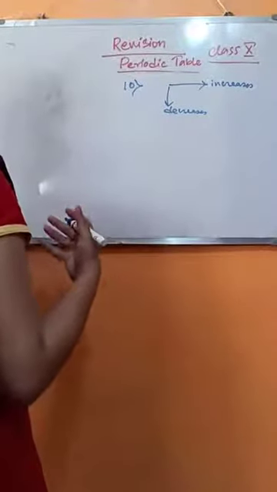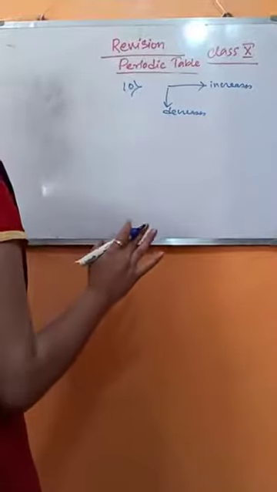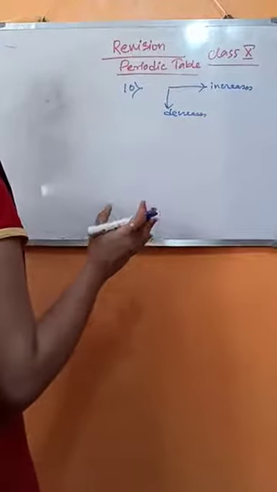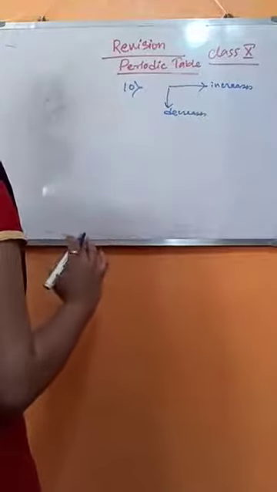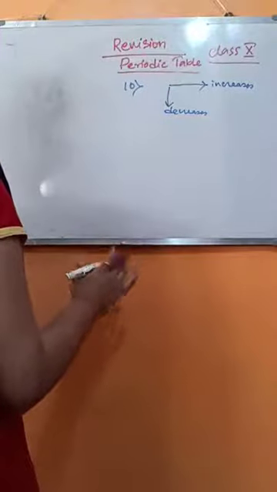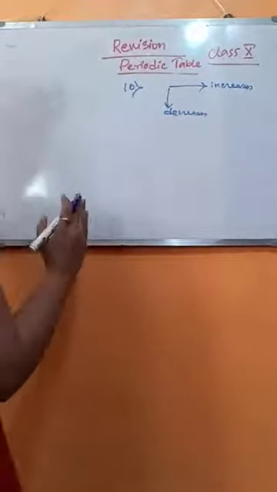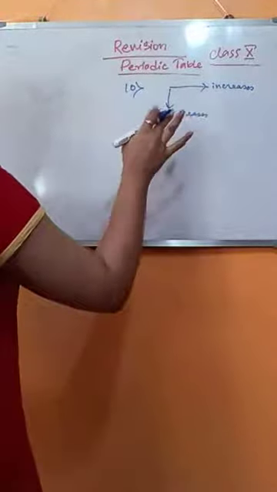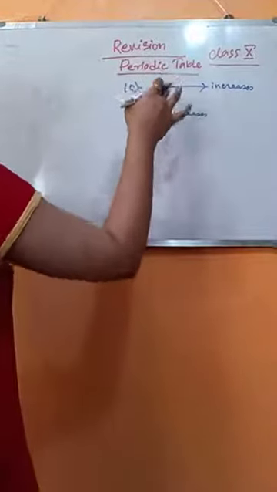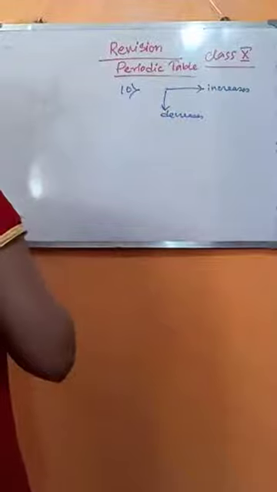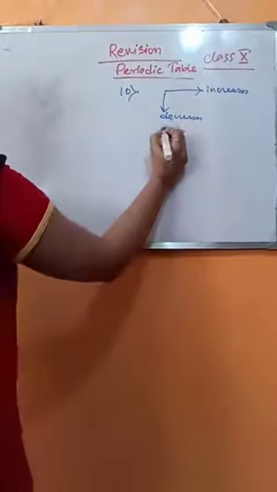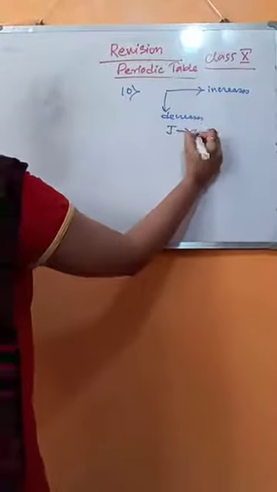Why? Because they have stable electronic configuration. They will not easily accept electrons. So leaving the noble gases, that is leaving group 18, you have to look at the other groups. Across a period, the electronegativity increases and down the group decreases. So the most electronegative element is J.